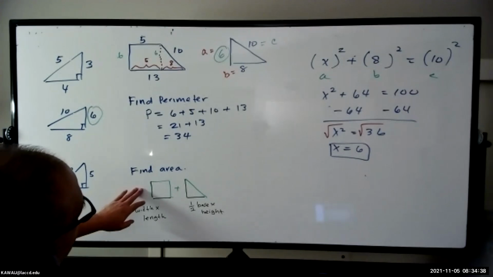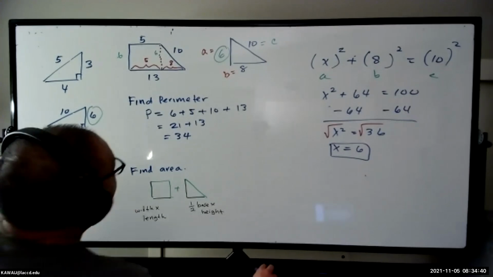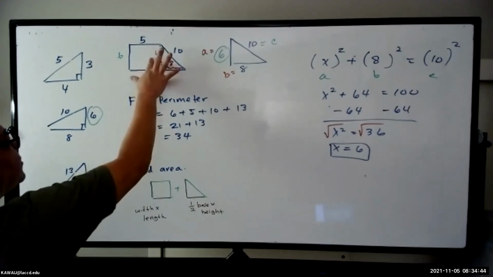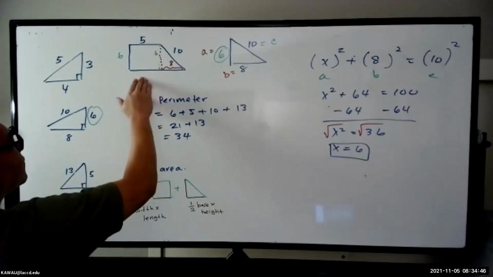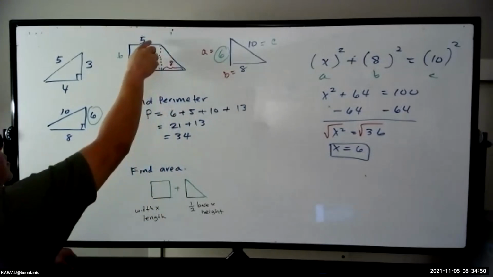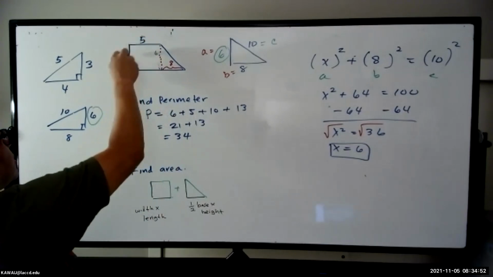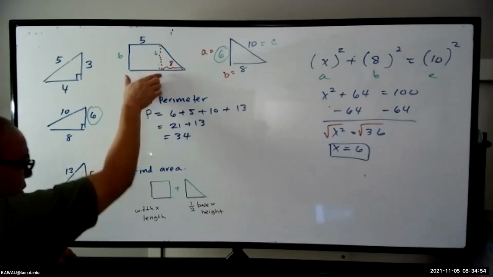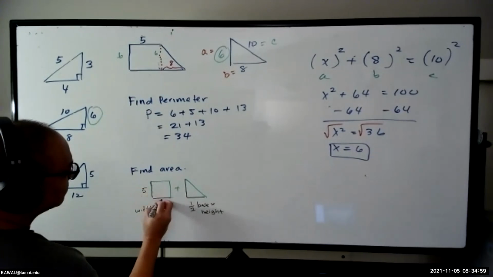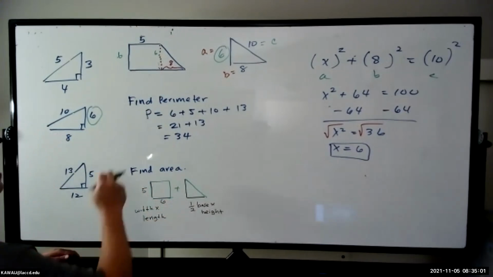Now, when we find the area, what happens is that we are getting rid of some of these that make this more confusing. Right? We just care about length times width. So this rectangle is 5 and 6. Okay.